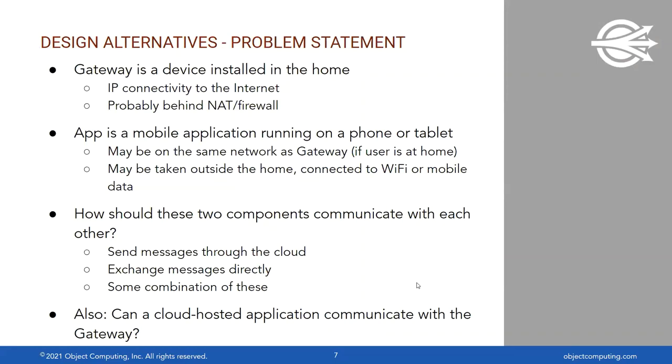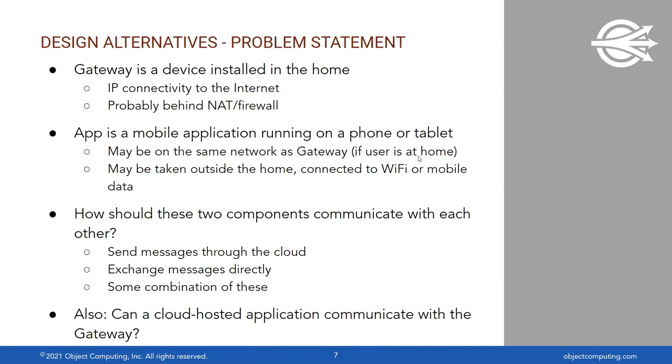So let's look at the details of this problem. We know the gateway is a device installed in the home, right? It has some connectivity to the internet. Most likely, we're going to find that this is installed behind network address translation and a firewall. That's what we'd expect from a home network. And we see the app as a mobile application, running on a smartphone or tablet.